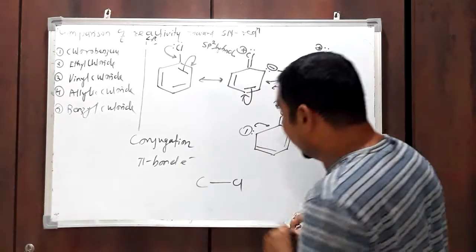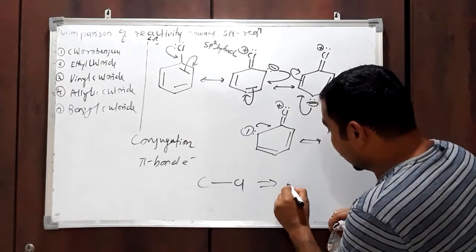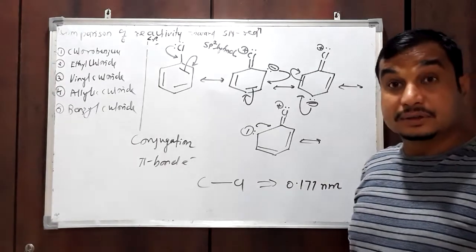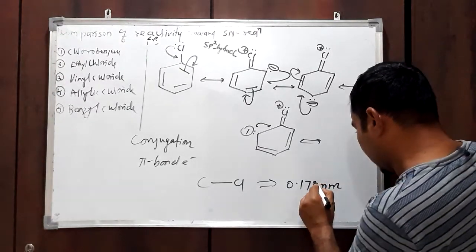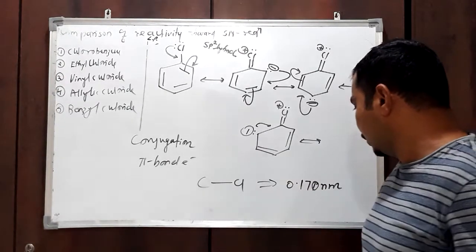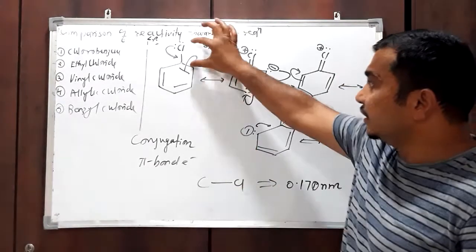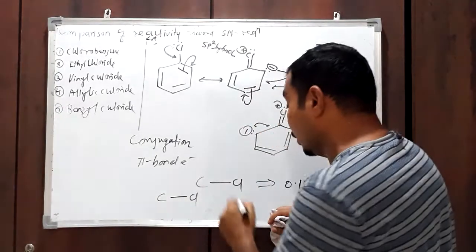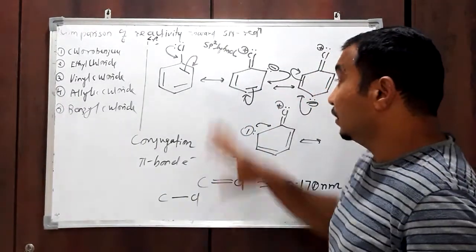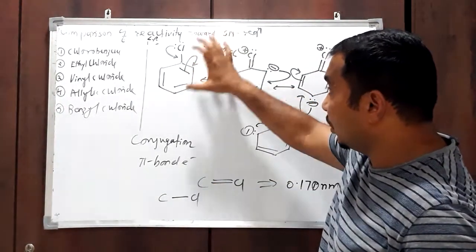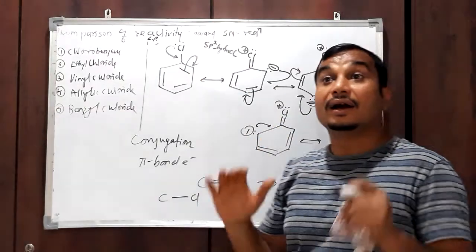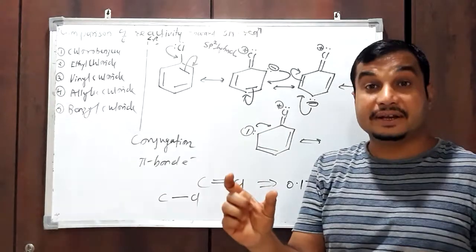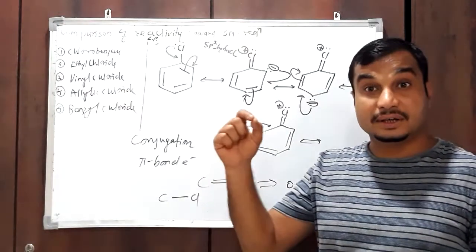The C-Cl bond length decreases and it is now 0.177 nm, which is smaller than the bond length of a single bond. This is double bond character. Due to resonance, the C-Cl bond has developed double bond character, so the bond length decreases, which means bond energy increases.